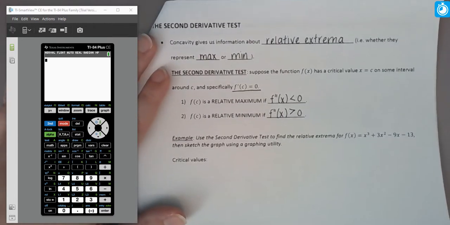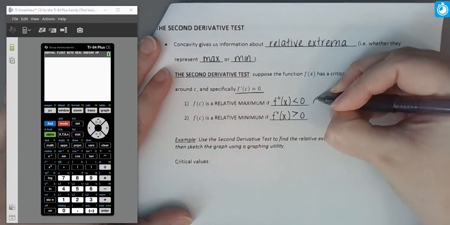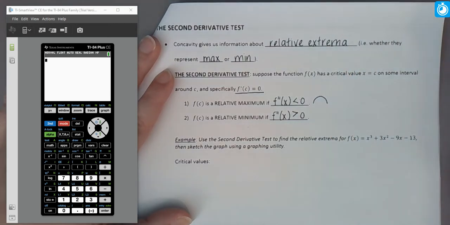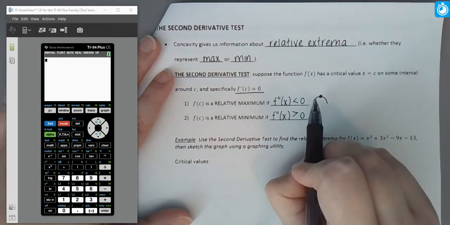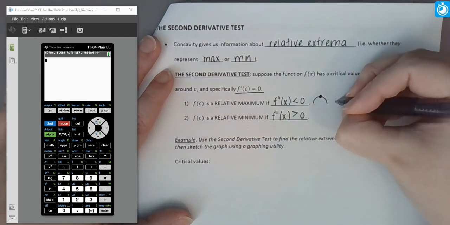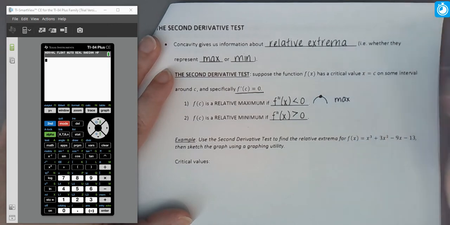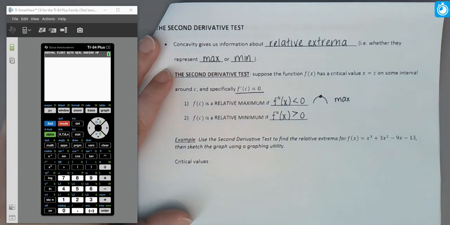So the second derivative is negative, tells us that our graph is concave down. Well, if this is our critical value and our graph is concave down at that location, that represents a maximum. That's the highest point in relation to the points around it, just based on how the graph would curve at that particular location.